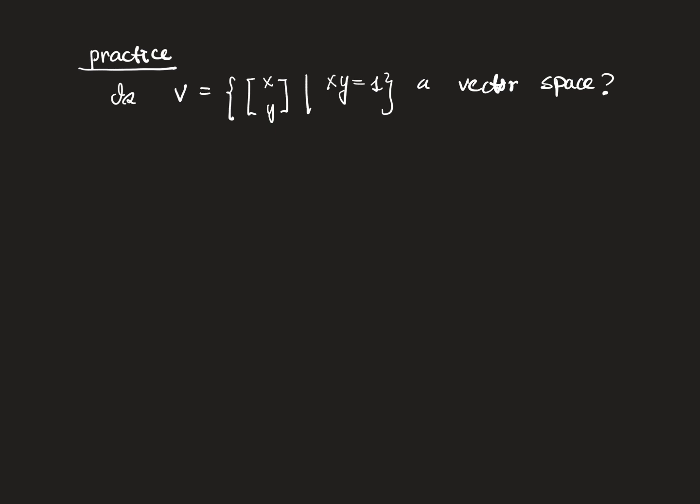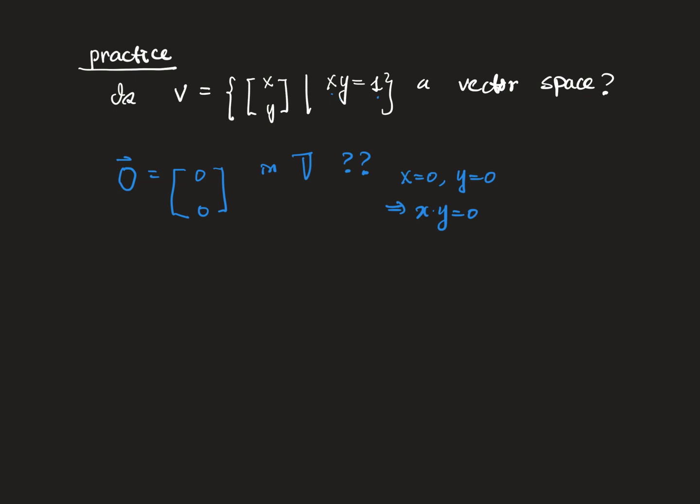I can find a counterexample, guys: the zero vector. The zero vector is going to be 0 and 0. Is the zero vector in V? Why not? You cannot say 0 is in the V set. Here the V set has elements X, Y where the product is always 1. Here X is 0 and Y is 0, so X times Y equals 0.